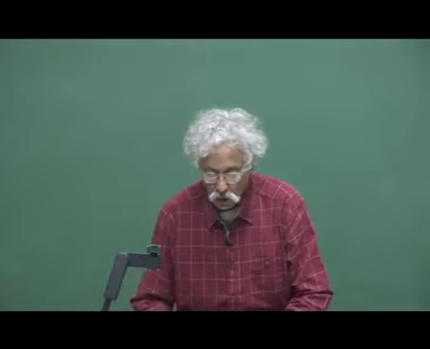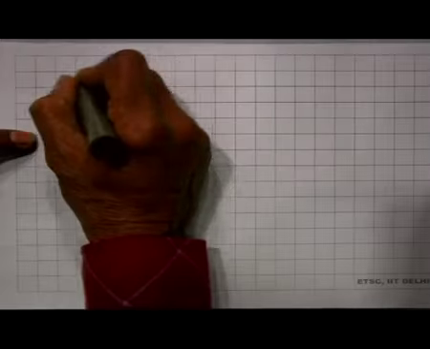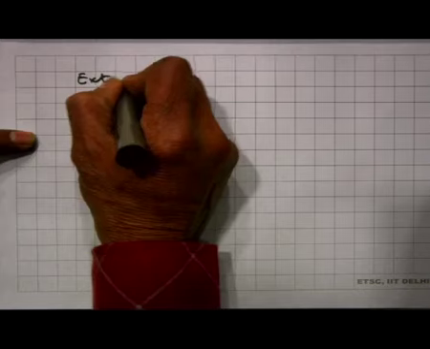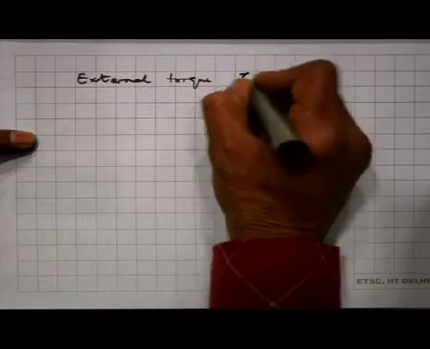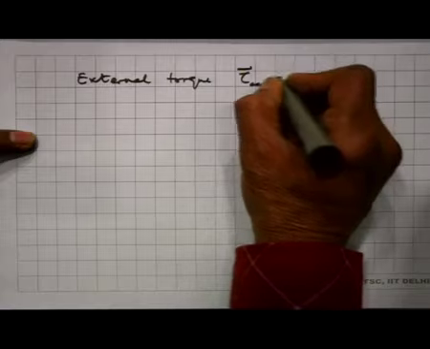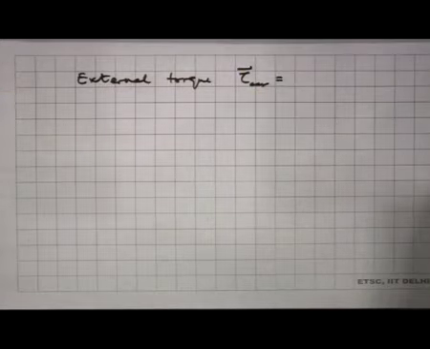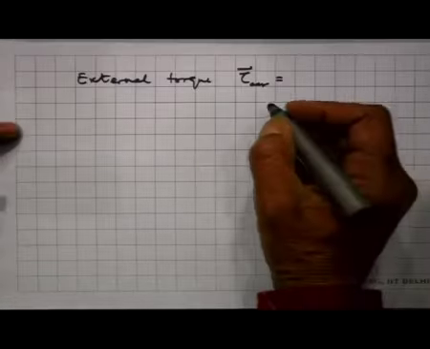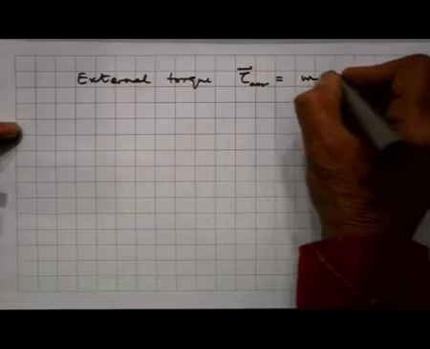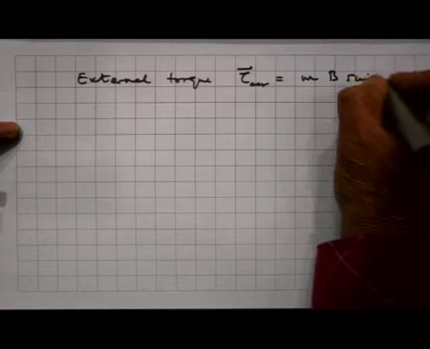So, the external torque which I need to apply, tau external, will be the minus of this, in the opposite direction. So, I must have m B sin theta i cap.